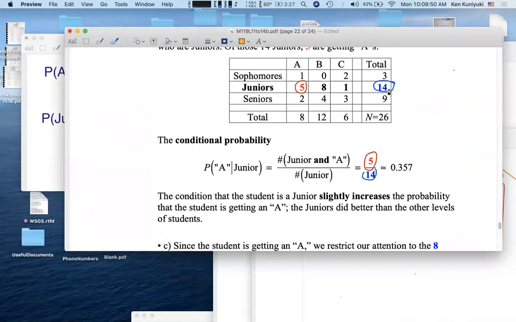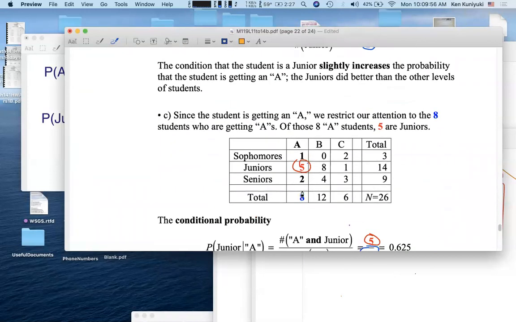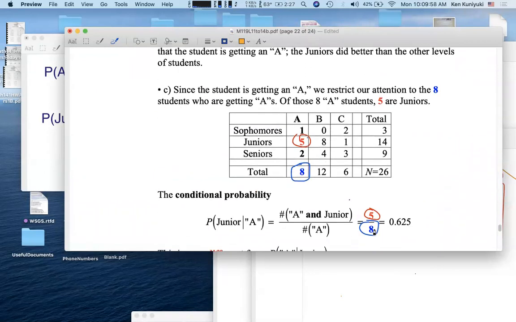Here we use the marginal, the row total of 14 for juniors. Here we use the column total, the 8 A students for the denominator. We had a smaller denominator here, so that ended up raising the probability.